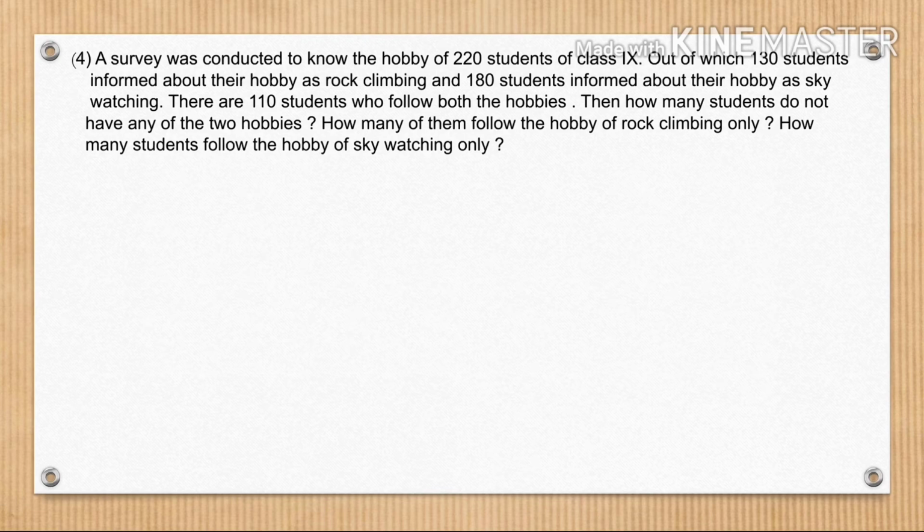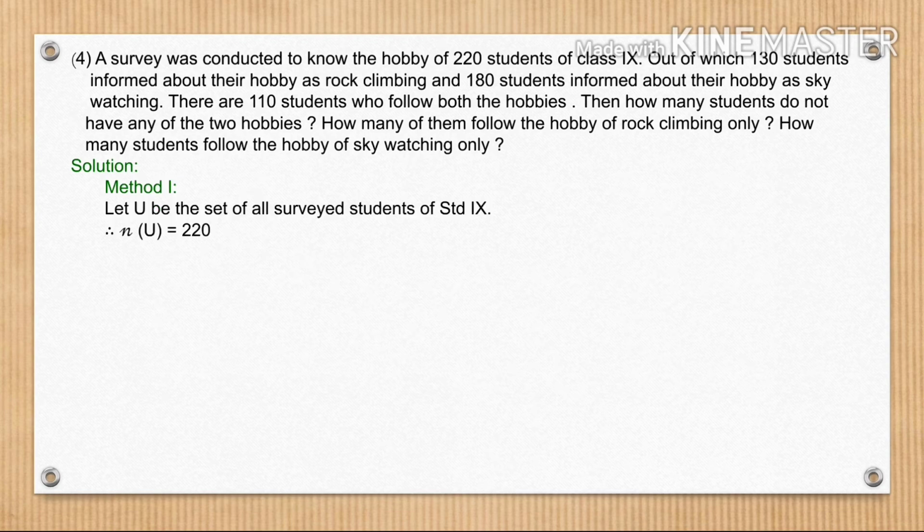Second, we have to find the students who have the hobby of only rock climbing. Only rock climbing means from the set of students who like rock climbing, we have to subtract students who like rock climbing as well as sky watching. And in the same way we can find the students who like only sky watching. That is third. So let's move.